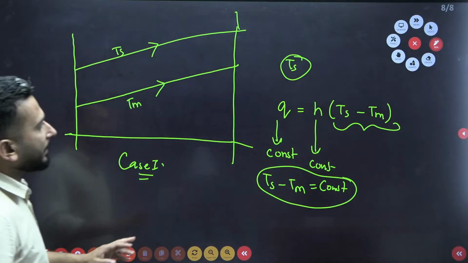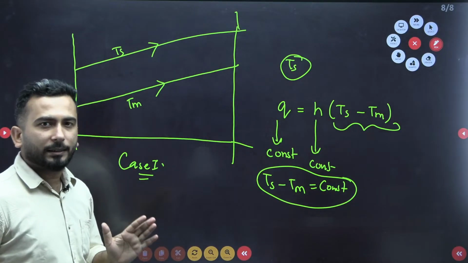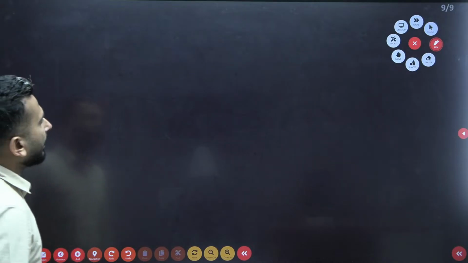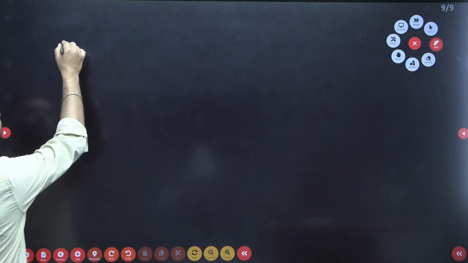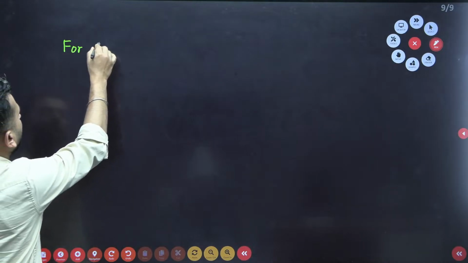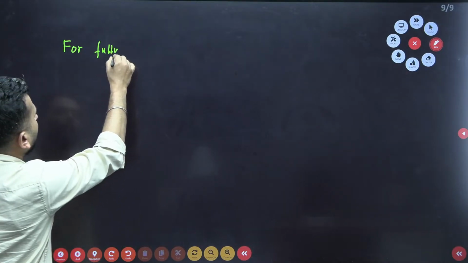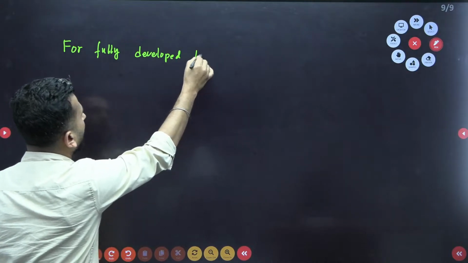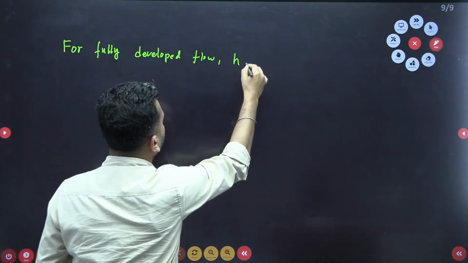So my dear friends, these two are the cases of forced convection through pipe. Now, one very important concept is that for fully developed flow, your h is constant.